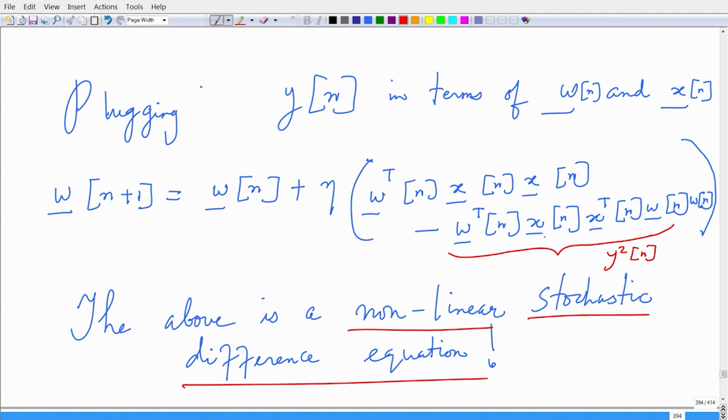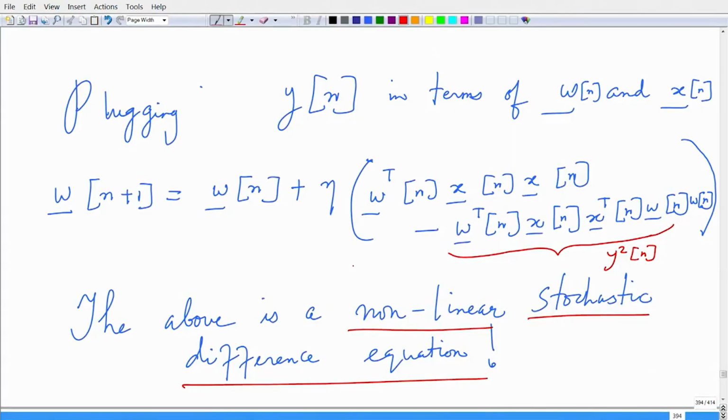Recall, when I look at x times x transpose, that in some sense is giving me the outer product of this data vector x, and when I take an expectation of this outer product, I get the correlation matrix. So, in some sense I have a quadratic form like w transpose times correlation matrix times w, which is more elegant than writing it in terms of x and w in an arbitrary way.